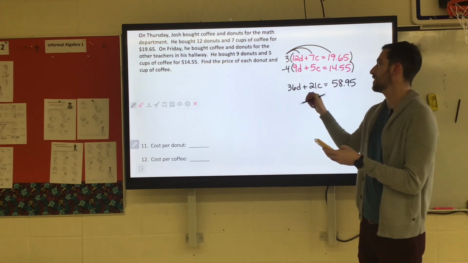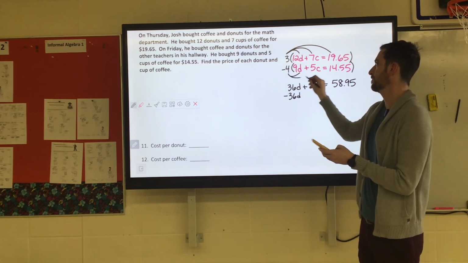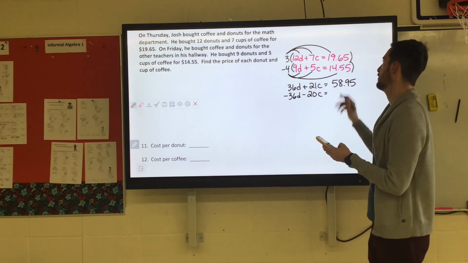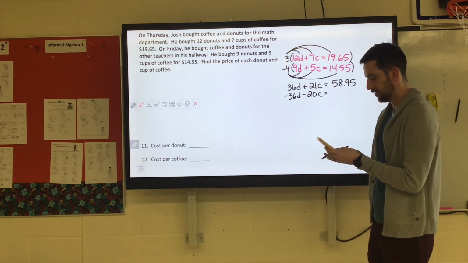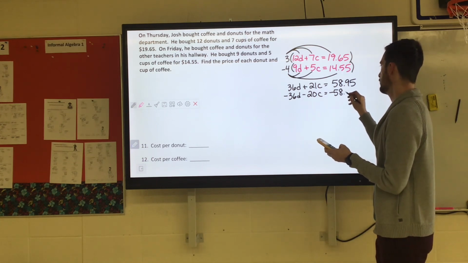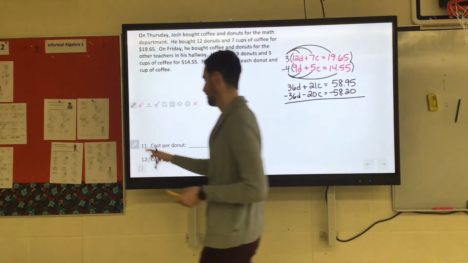Now the second line times negative 4 would give us negative 36D minus 20C equals negative 4 times 14.55, which is negative 58.2, or since we're dealing with dollars and cents, we'll make it 58.20.